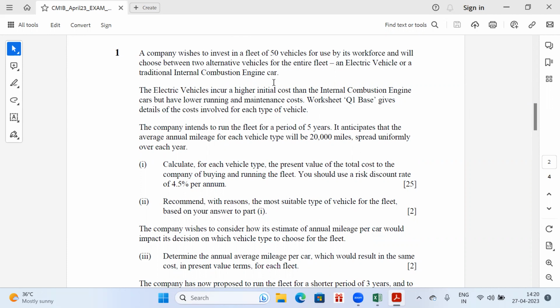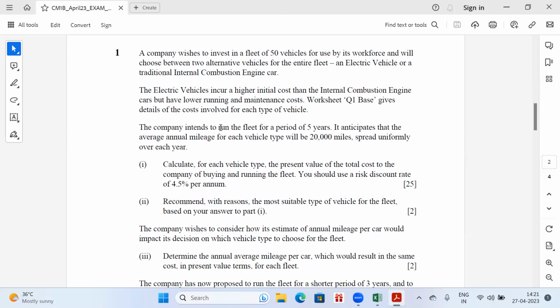A company wishes to invest in a fleet of 50 vehicles for use by its workforce and will choose between two alternative vehicles for the entire fleet, an electric vehicle or a traditional internal combustion engine car. The electric vehicles incur a higher initial cost than the internal combustion engine cars, but have lower running and maintenance cost.